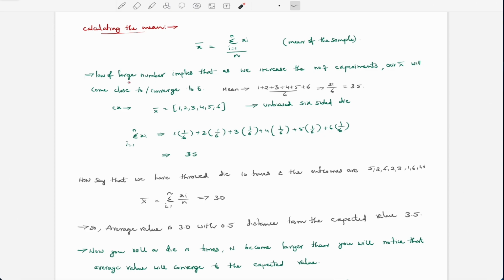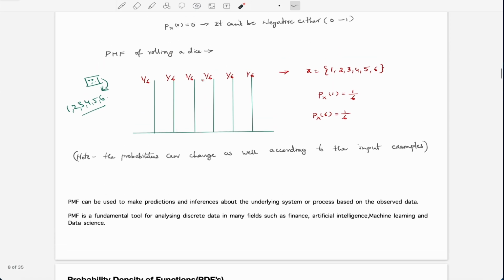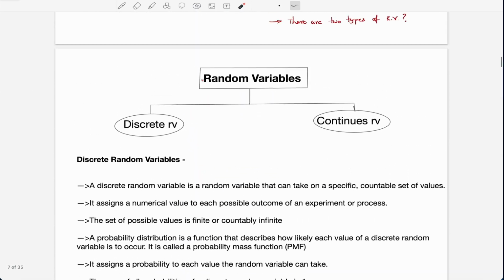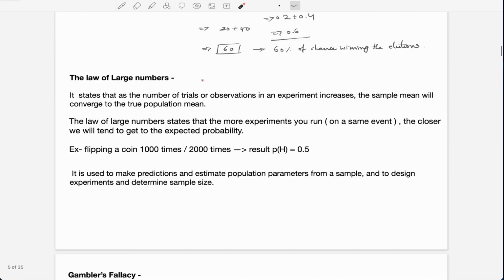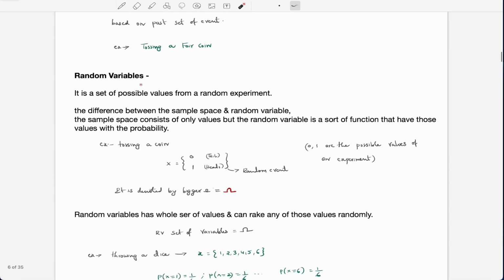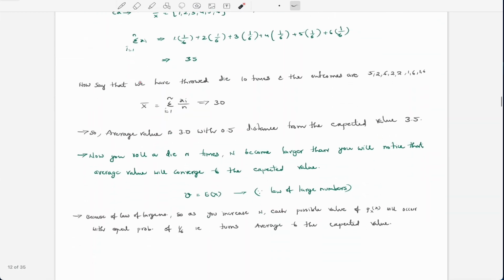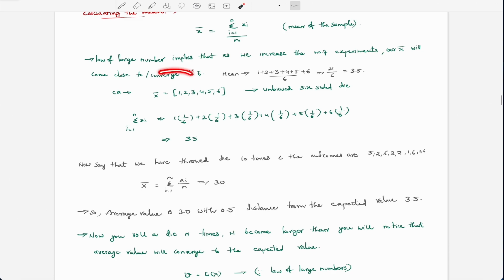But as of now, the law of large numbers implies that as we increase the number of experiments, our x̄ will come close to the E. We have seen the law of large numbers in a previous lecture, here, right? So if I run an experiment x number of times, then it tends to get the average mean, right?